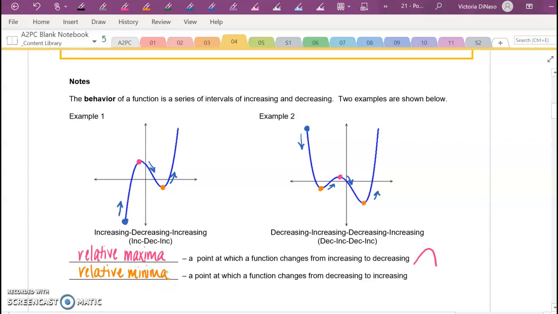This is the point in which the function changes from decreasing to increasing. Now, in example 1, we have a maxima, we only have one, and we only have one minima. In example 2, we have one maxima, and we have actually two minima.